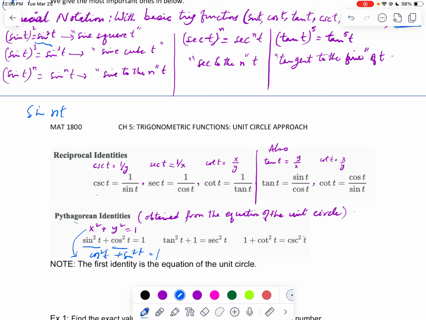Now, these other two identities can be derived from this first identity. You can work in terms of the cosine and sine, or in terms of the x and the y. So if I use sine square t plus cosine square t is equal to 1, I can divide by cosine square t, so each term will be divided by cosine squared.